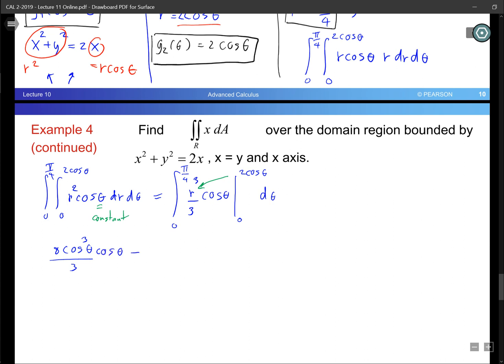Minus 0 goes in, and you can see when 0 goes in, everything goes to 0.